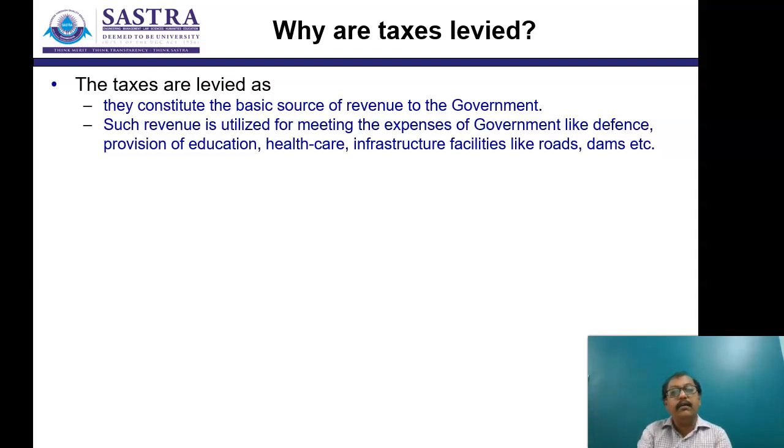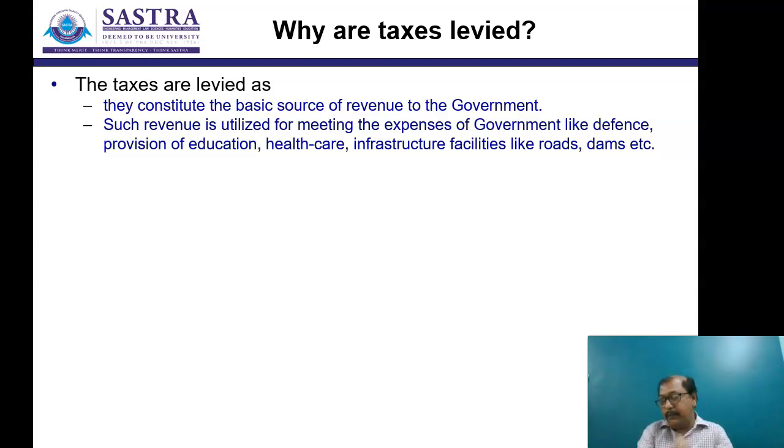Okay, and the revenue that is going to be collected through these taxes is going to be utilized for meeting the expenditure of the government, like defense, the provision of education, healthcare, and infrastructure facilities like roads, dams, railways, telecommunication.